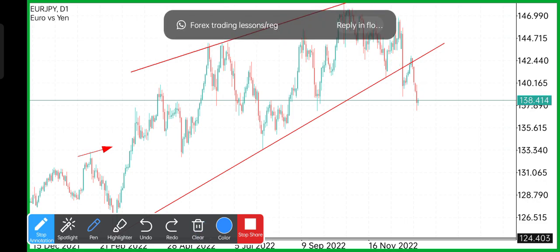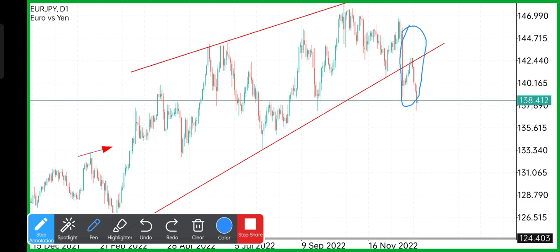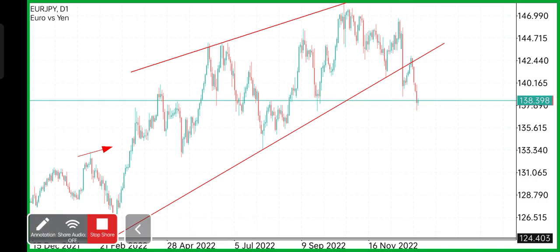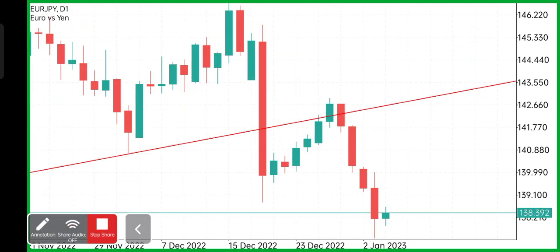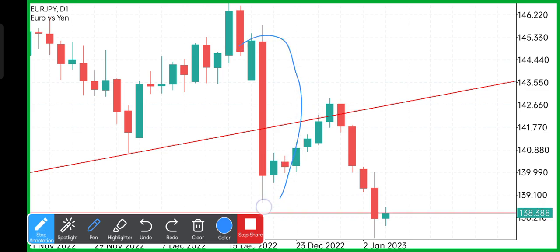What it did, it actually broke out of here. It didn't respect this support level. Remember, the price shouldn't break the support, it should bounce from it. But here, with this red candlestick, it broke. This was the break of the uptrend.